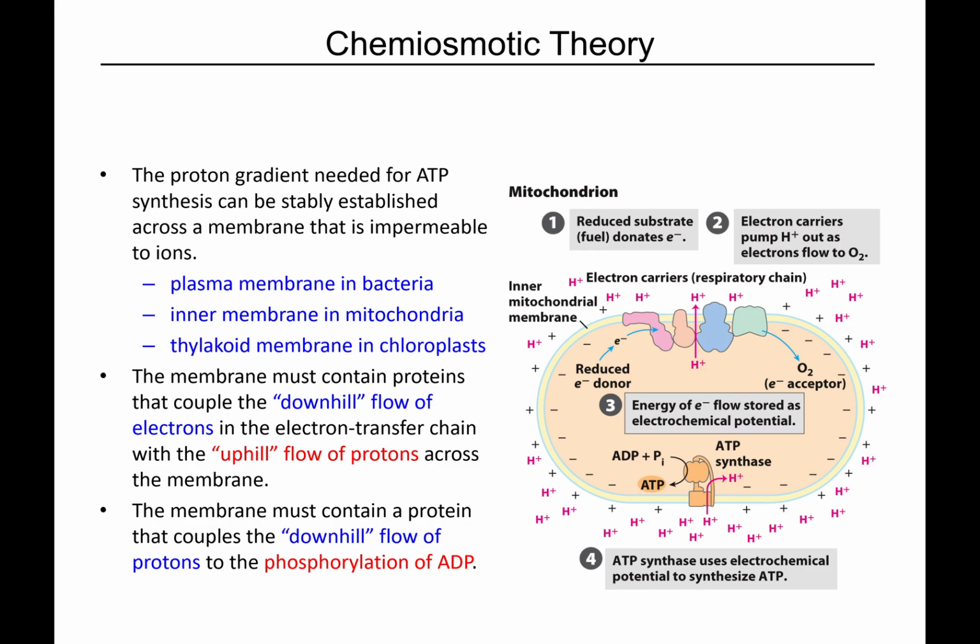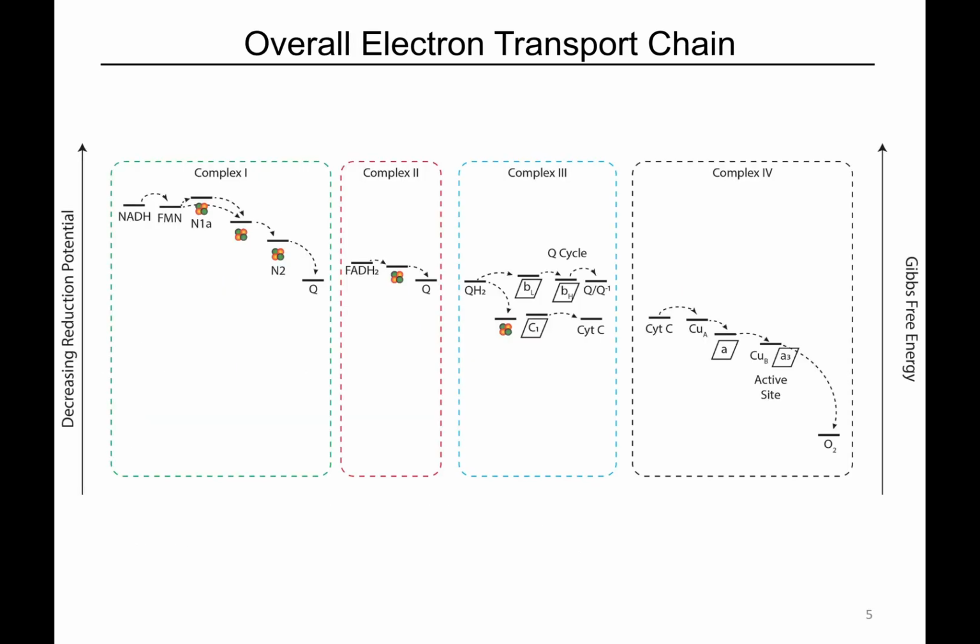All right, so here's another kind of representation of the chemiosmotic theory. We won't go over it again. We talked about how energetically every time we move electrons from one electron carrier to another, it's always energetically downhill, meaning we release energy. Complex 1 is where NADH enters into the mitochondrial electron transport chain.